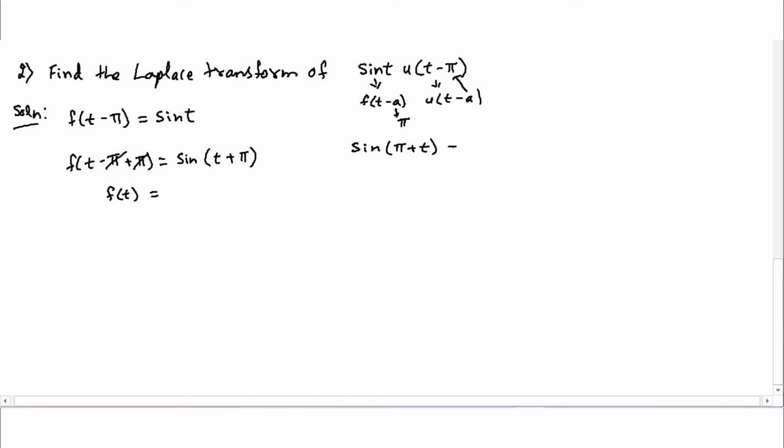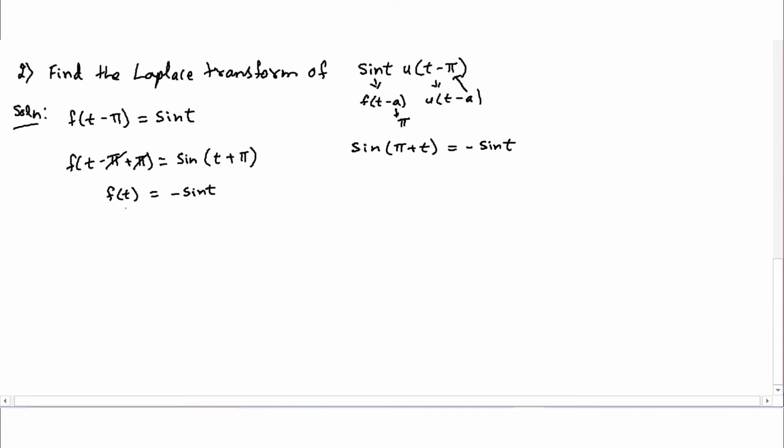So this represents sine of 180 plus theta form, and we know that sine of 180 plus theta is nothing but minus sine t. Sine of 180 plus theta will be minus sine t, the basic formula. So if I use this one, I'll be getting minus sine of t.